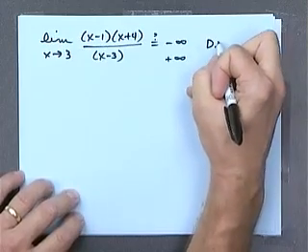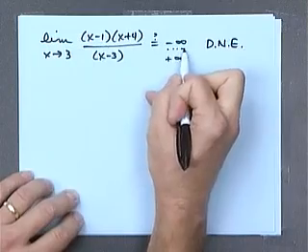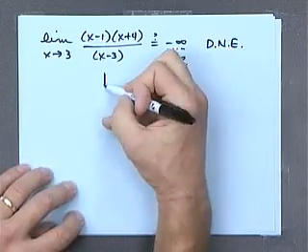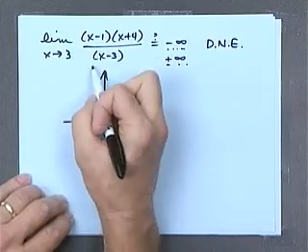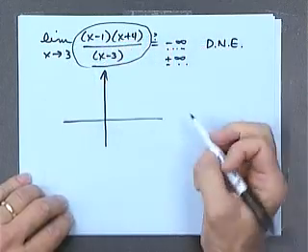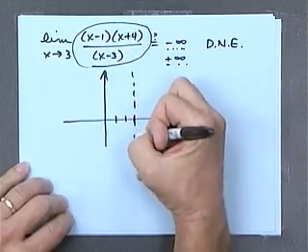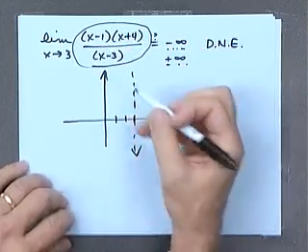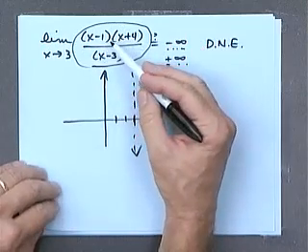The correct answer is does not exist, but is it really either one of these? This function right here has a vertical asymptote at 3. And on one side of 3, let's just see, if we put in a value larger than 3, what do we get?